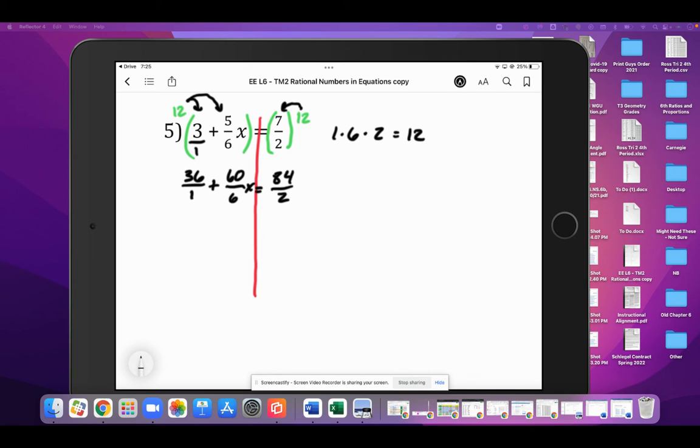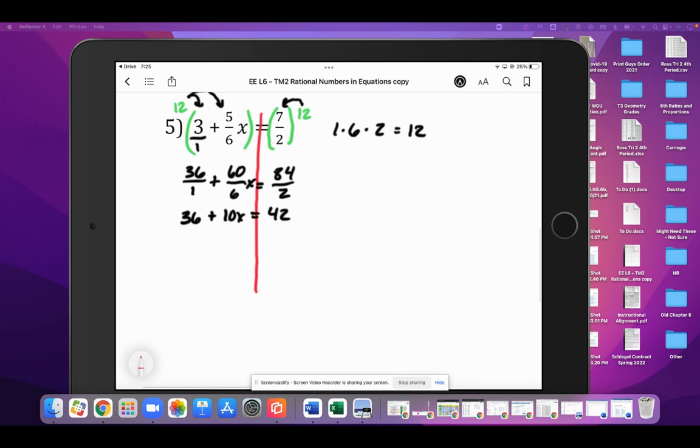Now all I need to do is simplify these fractions. I will have 36 plus 10x equals 42. And now I have all whole numbers, and I should be able to do this pretty easily. And I think this one is going to come out to be a fraction, which is kind of weird, but maybe it's one that we just need to fix.